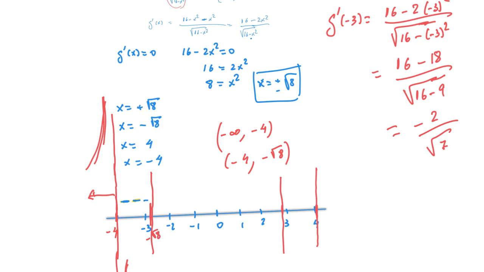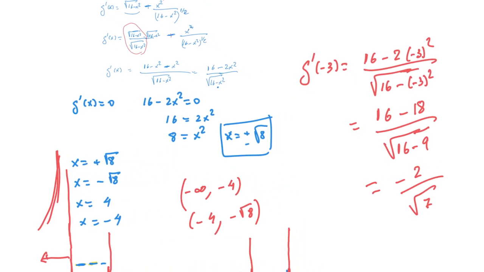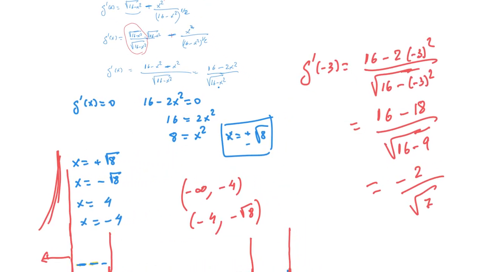Now what happened in the interval between minus square root of 8 and square root of 8? We plug in 0 into the derivative, that's the easiest point. What happens if I plug in 0? This is the derivative, 16 minus 2x squared.